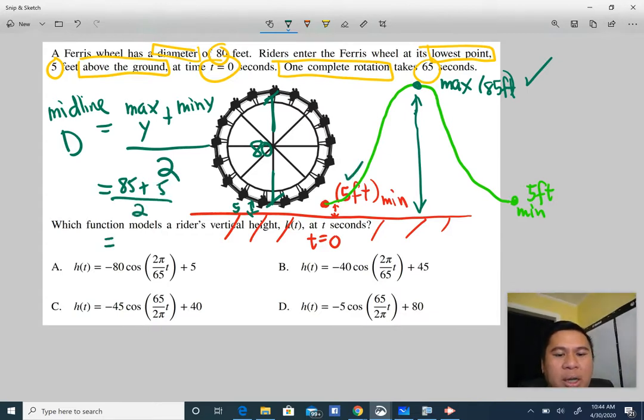Therefore, 85 plus 5 is 90, all over 2. That will be 45 feet for our midline.